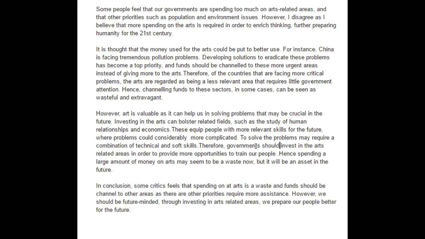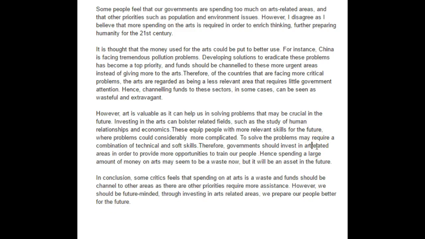Governments should invest in art-related areas in order to provide more opportunities to train its citizens.